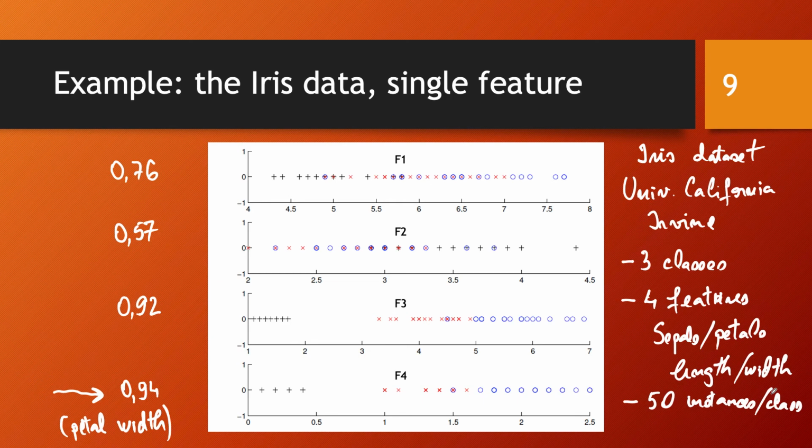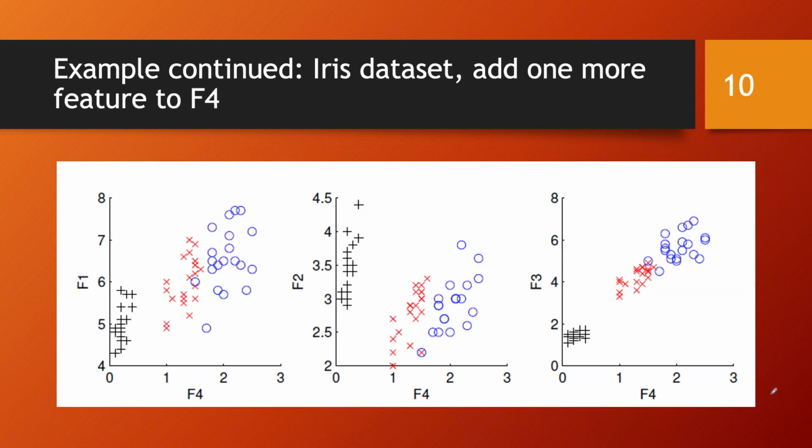And so in the second step, what you do is you say, well, I already have F4 selected. So in addition to F4, I'm going to evaluate how it goes if I'm adding F1, how it works if I'm adding F2 in addition to F4, and how it works if I add F3 to F4.